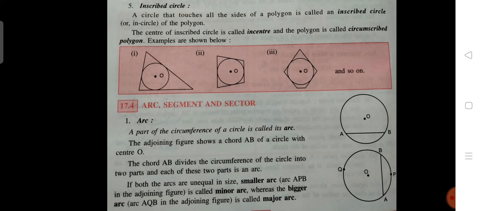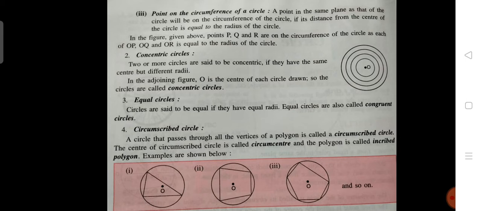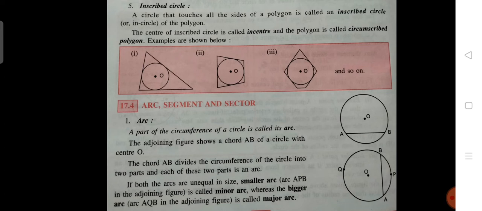So it is the inscribed circle, the polygon is a circumscribed polygon, and the center is the incenter. So these are the different kinds of circles and points: exterior points, interior points, points on the circumference, concentric circles, equal circles, circumscribed circles, and inscribed circles. I hope all of you understood this.